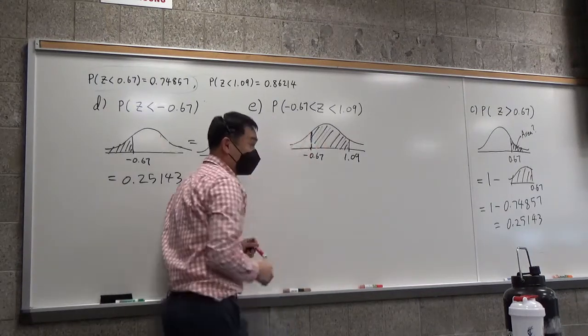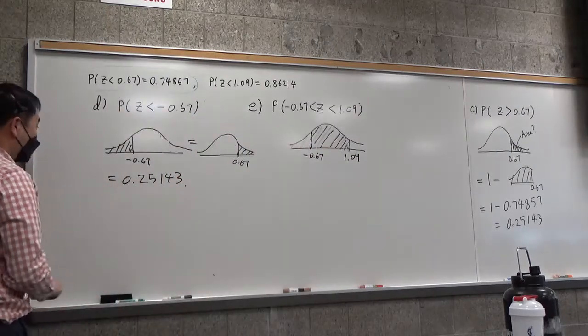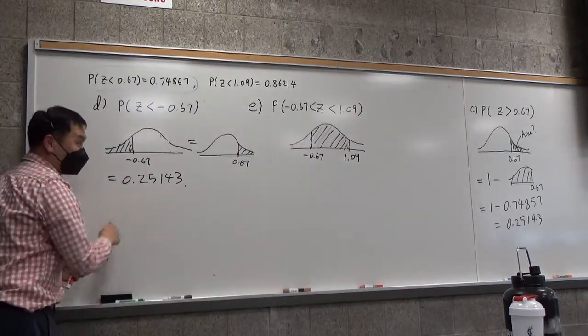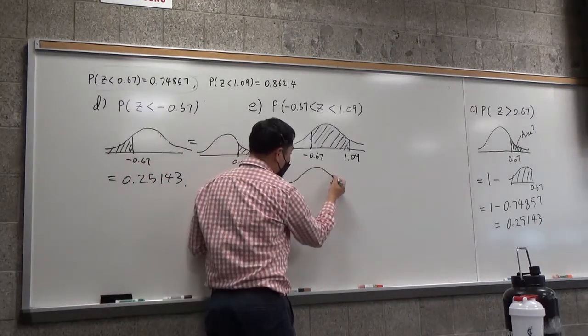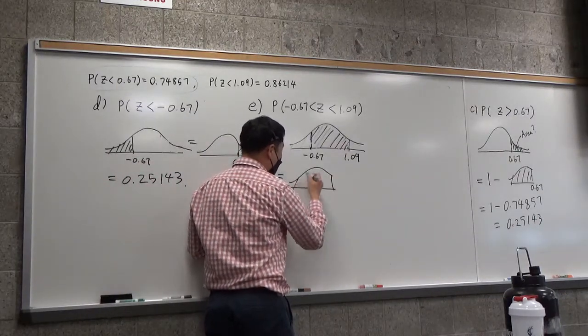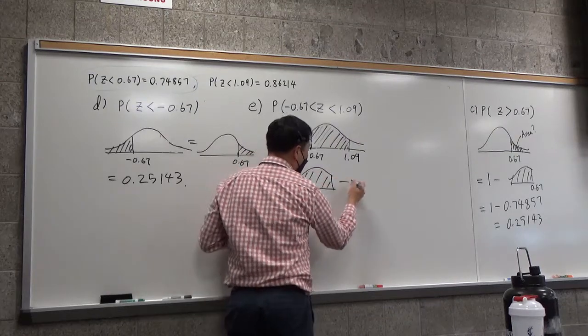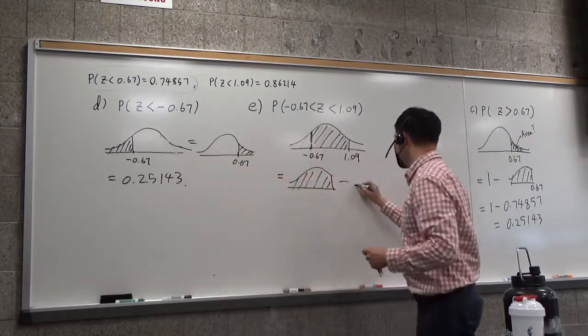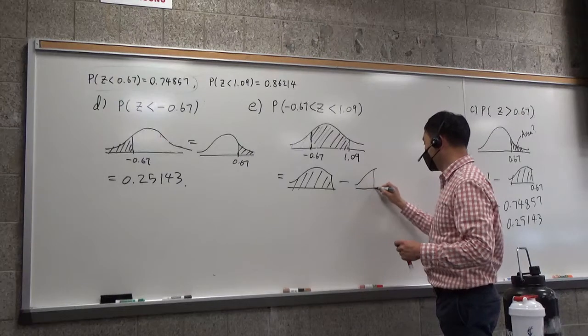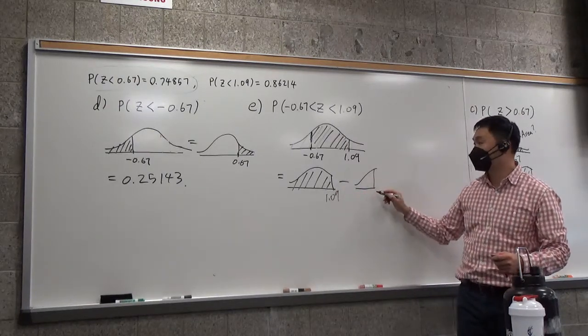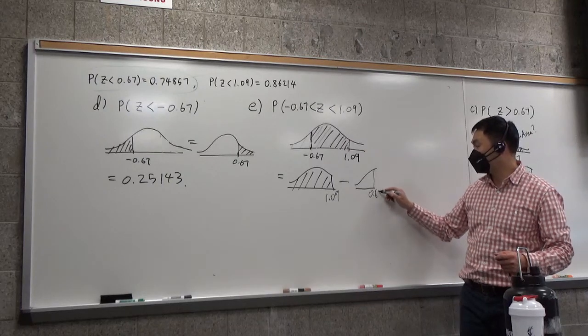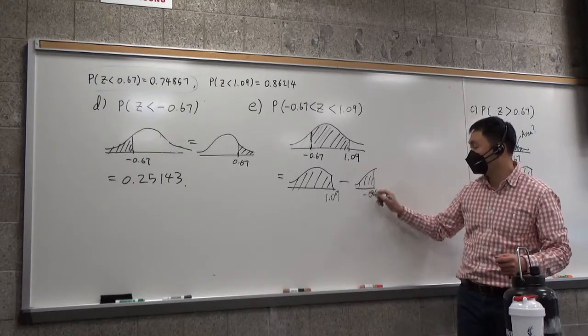But what is this area? Just did it. It's this one, right? So you can say that this must be this minus. So this will be 1.09 here, and this will be negative 0.67.